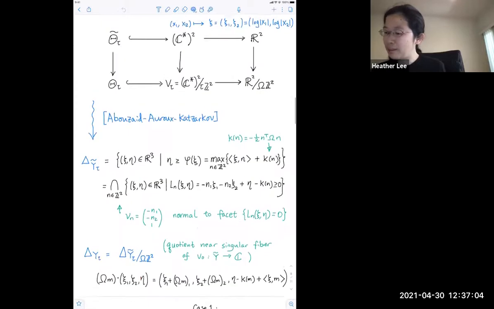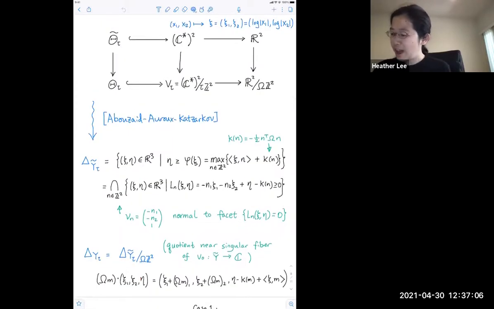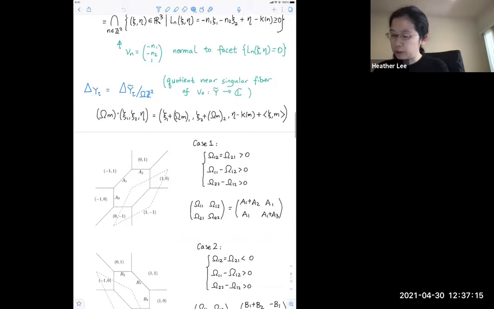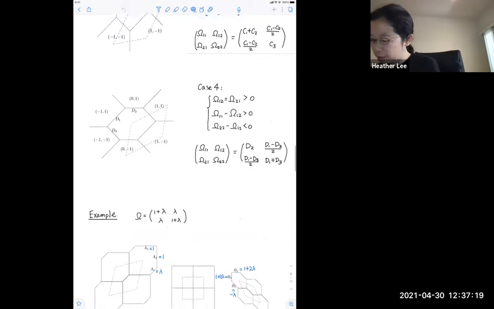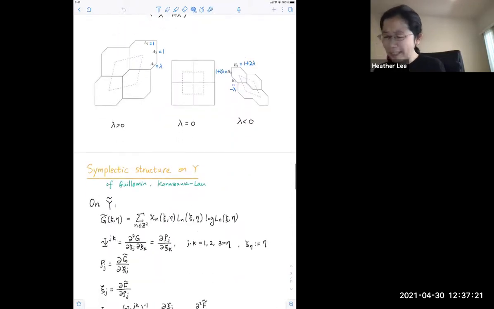You can see that the moment polytope of Y tilde has infinitely many facets, one for each element of Z^2. On Y, that's all quotiented, so you just look at the fundamental domain. But we're going to put a symplectic structure on the Y tilde.